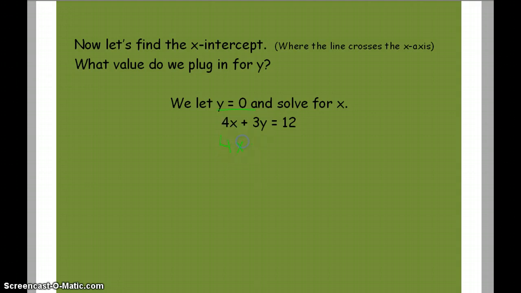So I have 4x plus 3 times 0 is equal to 12. 4x is equal to 12. I'm going to divide both sides by 4. So I get x is equal to 3. So the coordinate for this one is the point (3, 0).